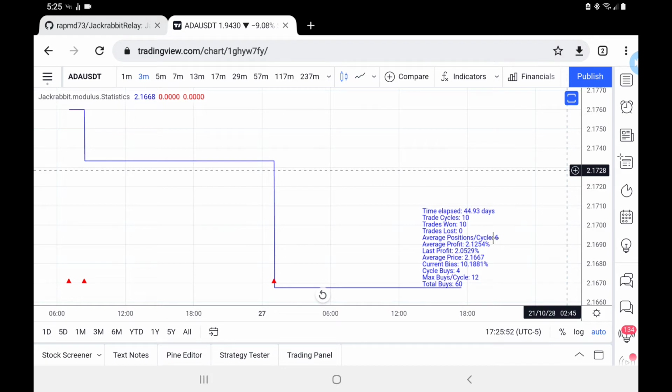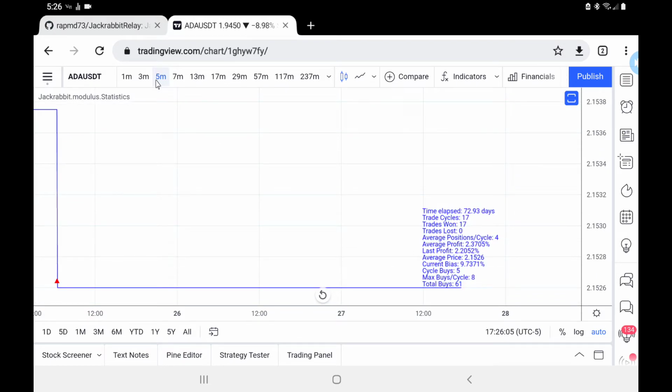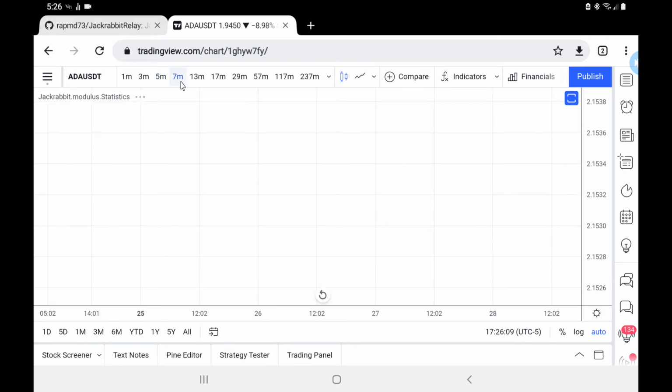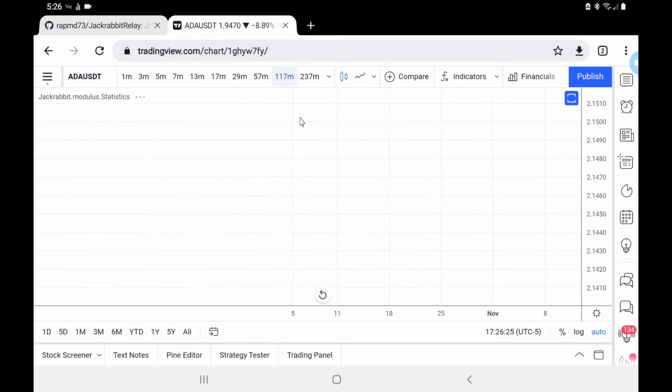So you can see it does fairly well. So now we're about 3 months here of data. Let's go back to March of 2020.